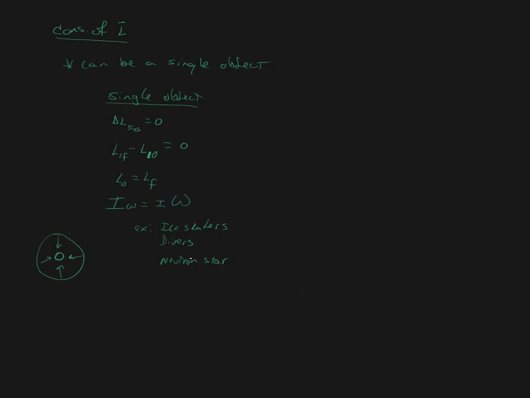Just like before, if you have a multi-object interaction, then we still have delta L of the system is equal to 0. And then we get delta L1 plus delta L2 is equal to 0. So ultimately we get L1 plus L2 is equal to L1 prime plus L2 prime.